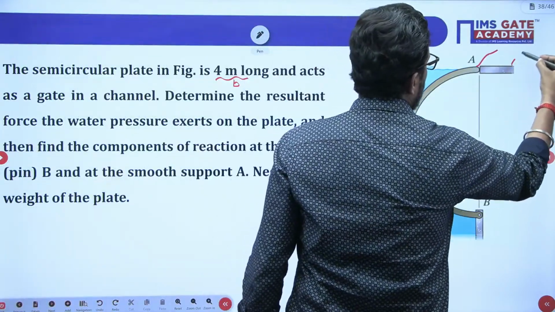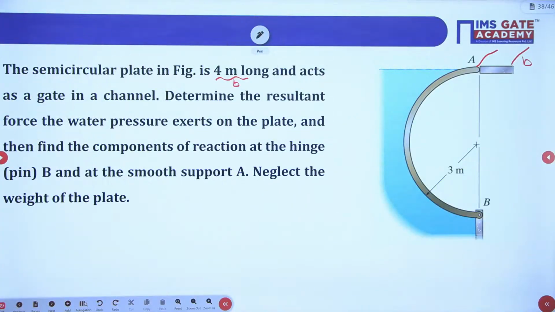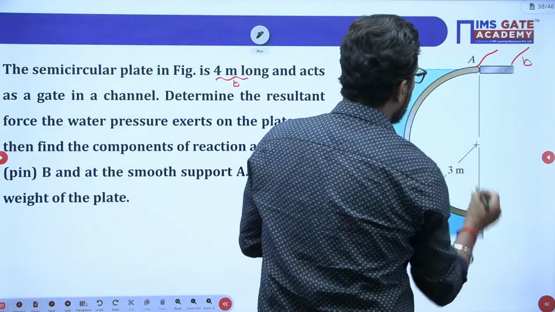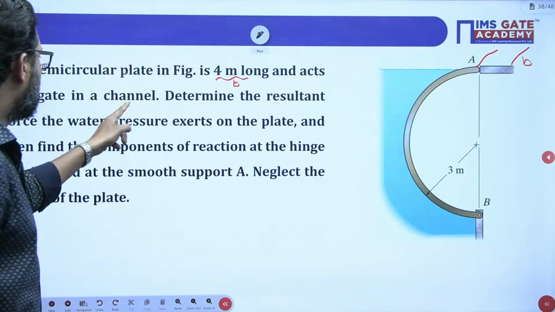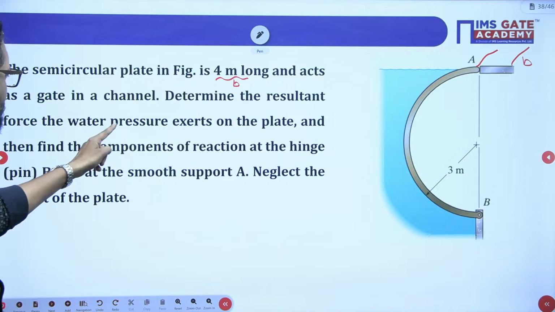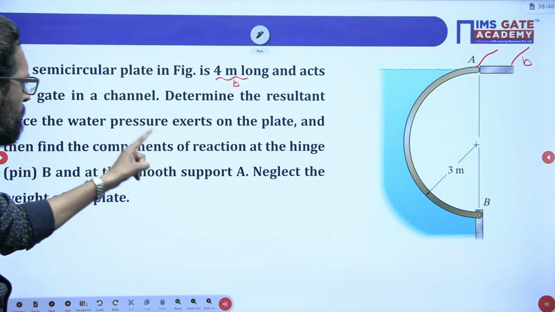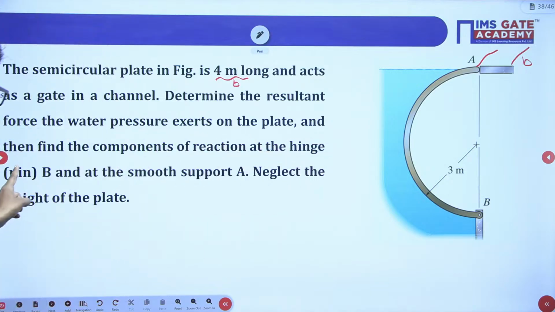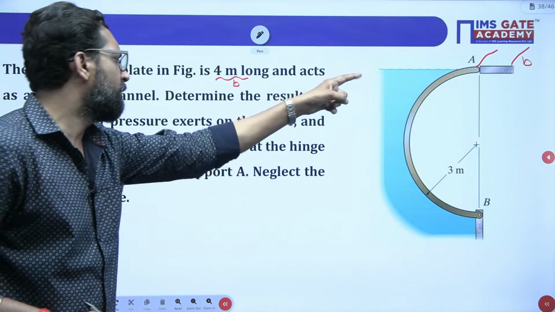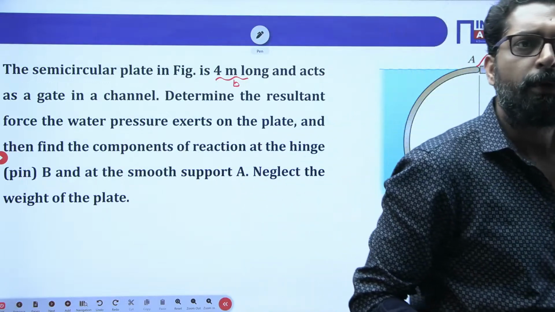The plate acts as a gate in a canal. Determine the resultant force that water exerts on the plate, and then find the components of the reaction at the hinge point B and at the smooth support A. Neglect the weight of the plate.